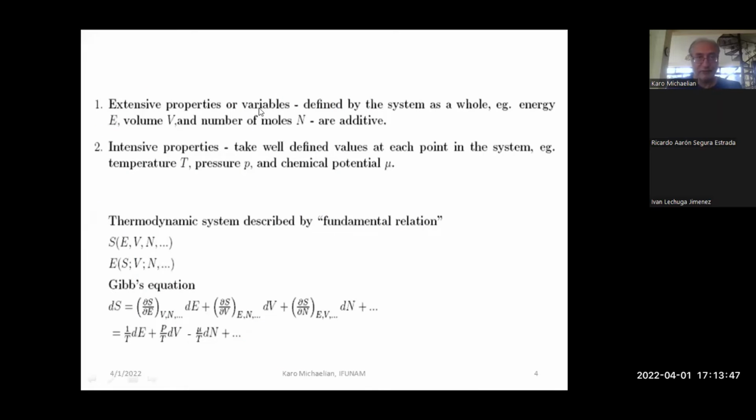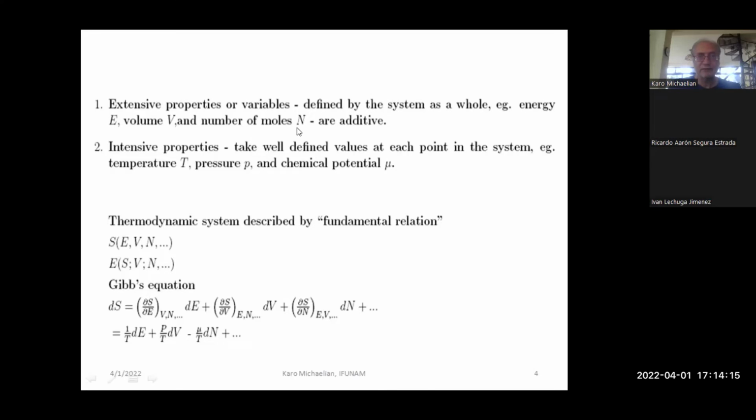Okay, so in thermodynamics, we talk about two types of variables. One are known as extensive and the other are intensive properties of the system. The extensive properties or variables are defined by the system as a whole, for example, the energy, the volume, and the number of moles. And these are additive. So we know the energy in one part of the system and in the other part, and the sum of the two gives us the total energy.